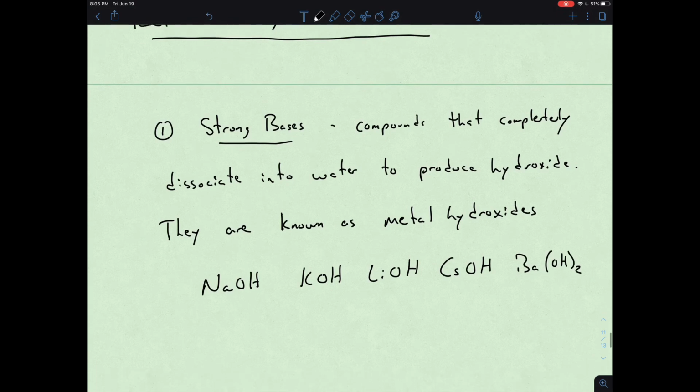So we find that we have these metal hydroxides. The metal in front is really the tip-off, and then obviously we have OH as well there.